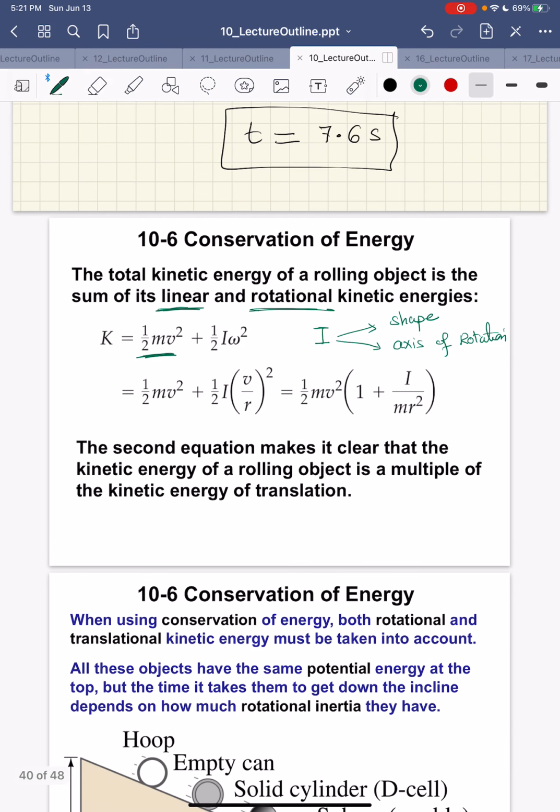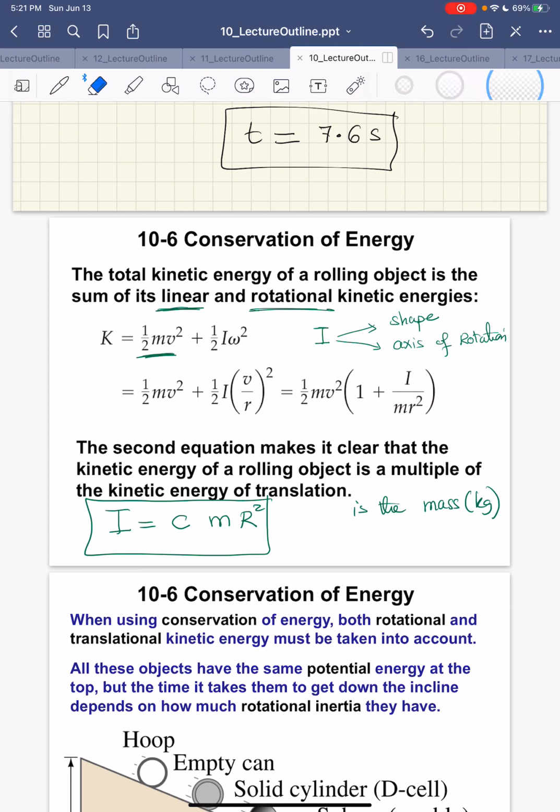Okay, now you're going to find that I is in general a constant times mr squared. M is the mass in kilograms, and R is the radius.